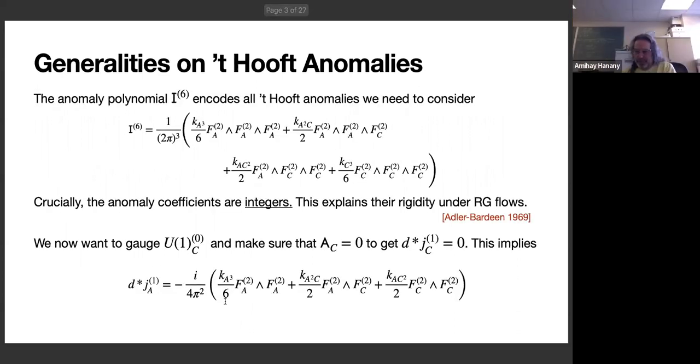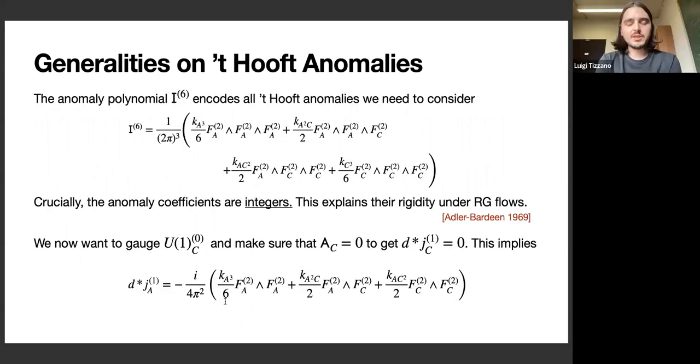Okay, so now the anomaly polynomial, of course, as we all know, and again I'm talking right now only about background symmetries, is this 6-form I_6, and this is the most general way that we can write it. It comprises the famous triangle diagram.